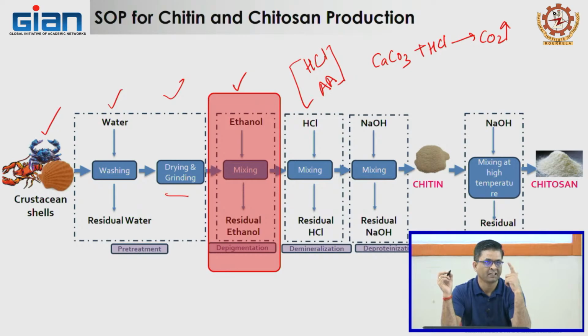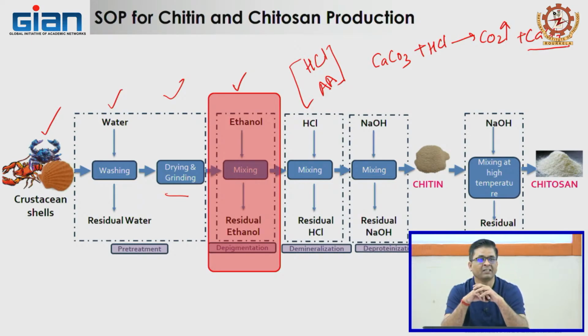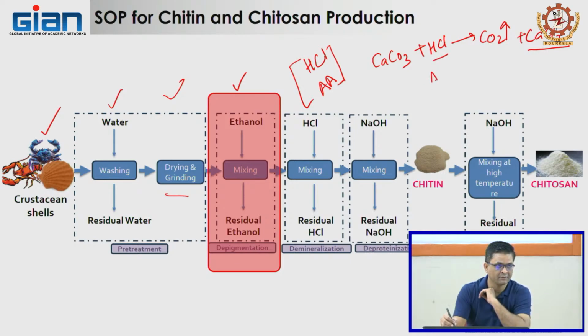That is CO2 escaping, and what is formed in the liquid is calcium chloride. If you have a food processing background, you know calcium chloride is used as a filtering aid, as a binder. This happens with hydrochloric acid. If you use acetic acid, everything happens the same, and what you get is calcium acetate.